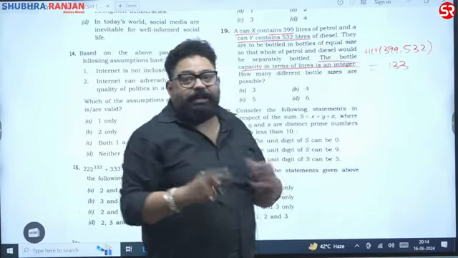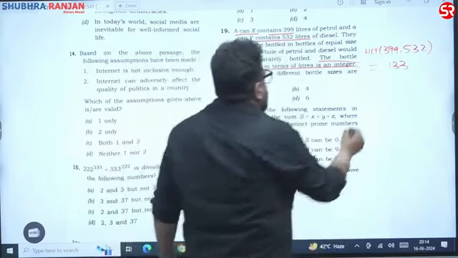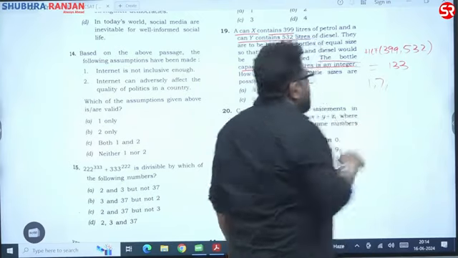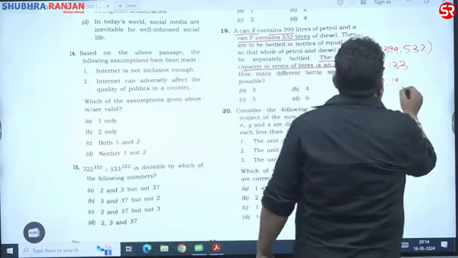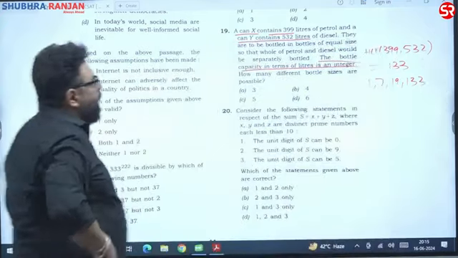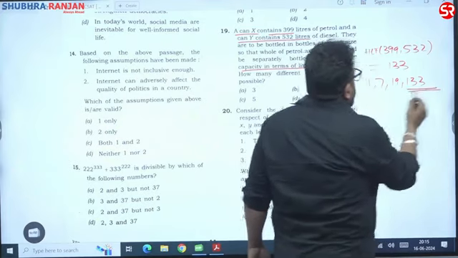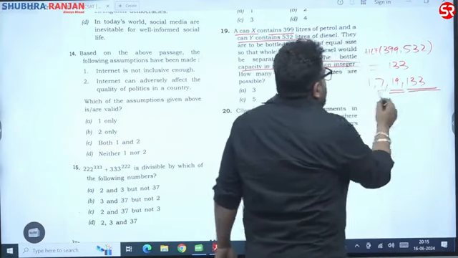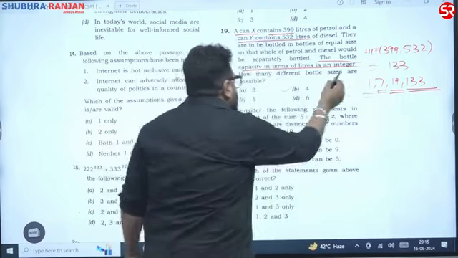And again, the factors of 133 are 7, 19 and 133. So the capacity of the bottle can be 133 liters. The capacity of the bottle can be 19. The capacity of the bottle can be 7. And over here, the capacity of the bottle can be 1 liter as well. Answer is 4.